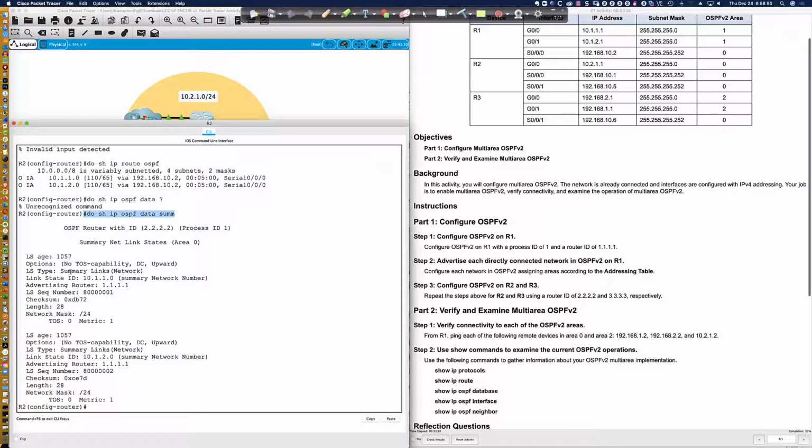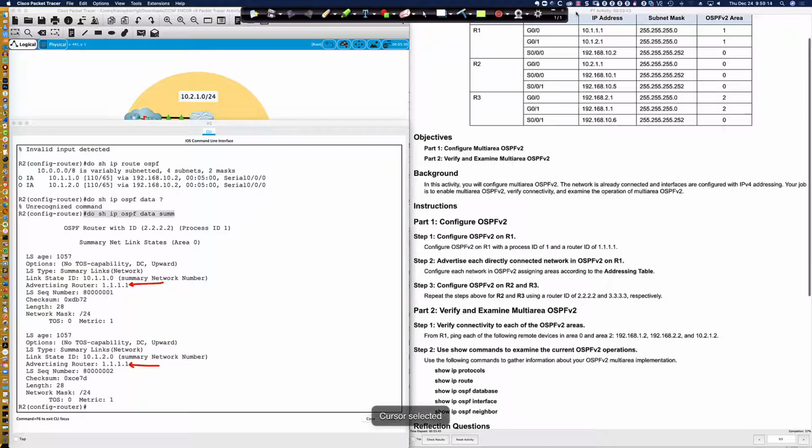So here are the 2 type 3 LSAs that came from where? Who advertised those LSAs? Yeah, router 1. There's that fingerprint. There's that router ID. That is not an IP address on router 1.